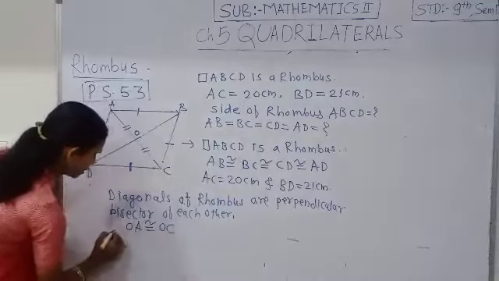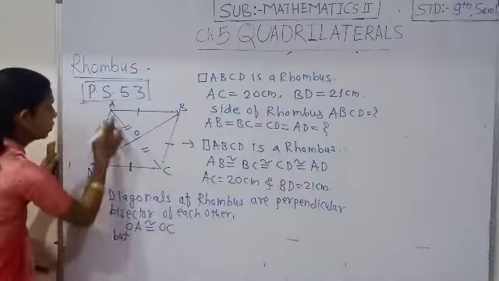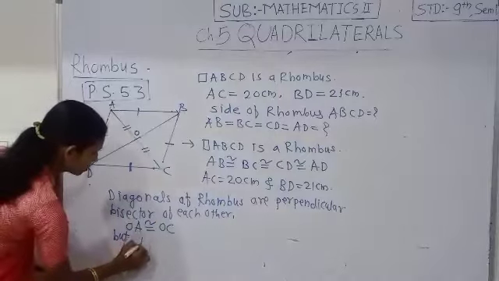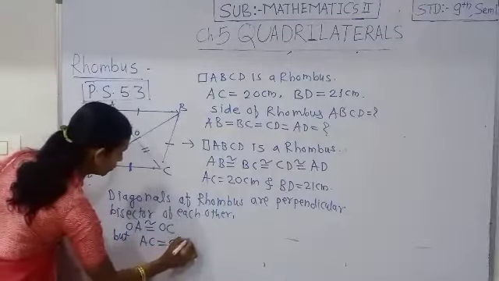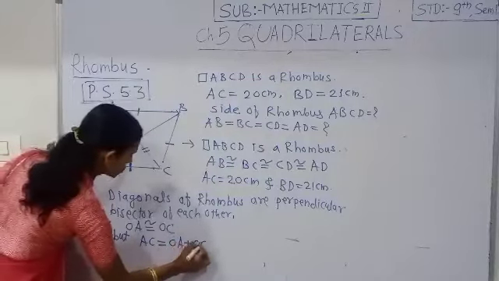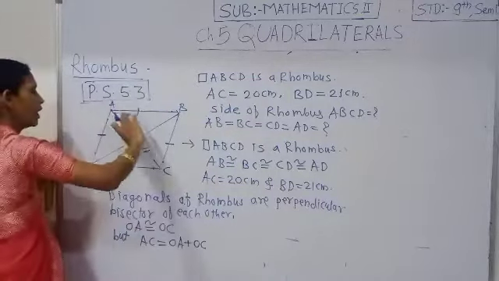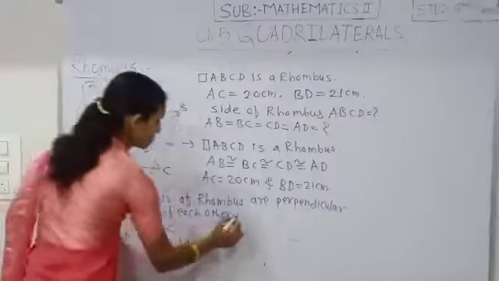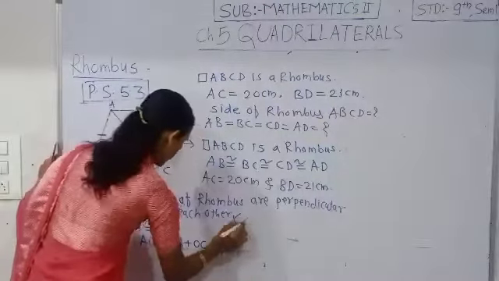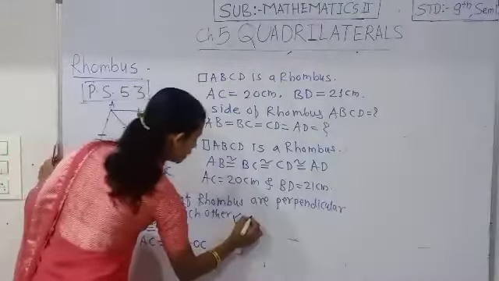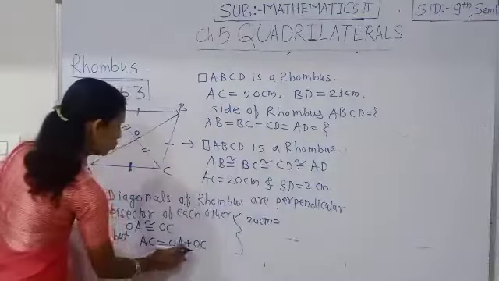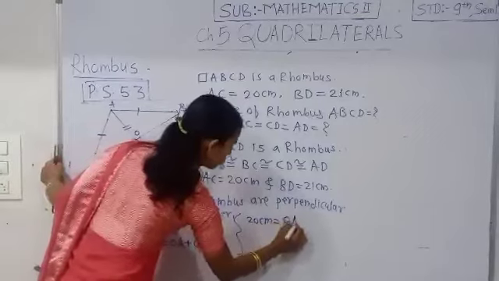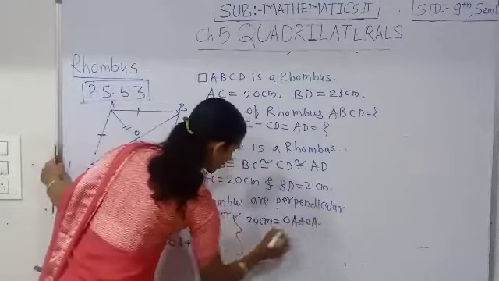But here AC is given, AC is equal to OA plus OC, and OA and OC are congruent. Therefore, putting the value of AC, 20 centimeter, equals OA plus OA.